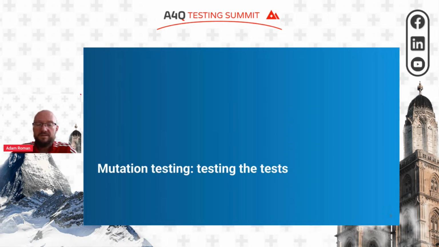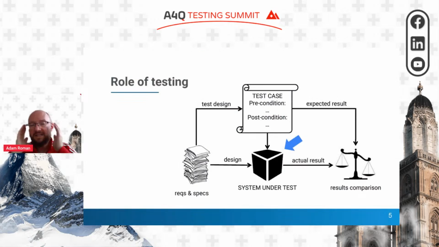So what is mutation testing? In a classical test approach, let's say in typical black box testing, we have the system under test. We have some specifications, some requirements, which are the test bases, the base on which we design test cases.